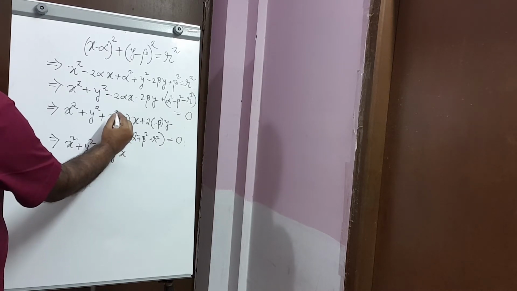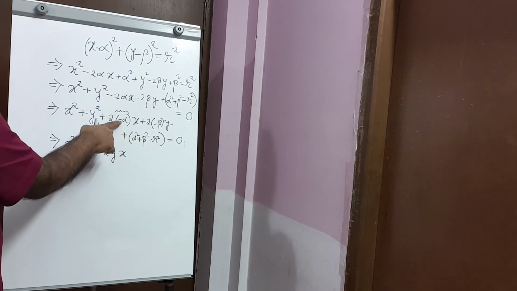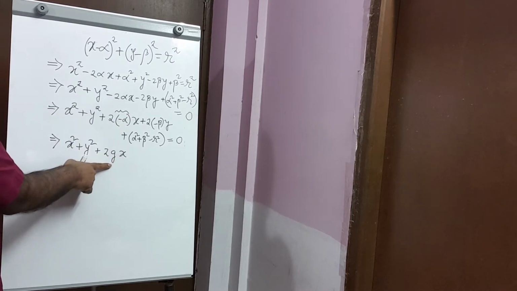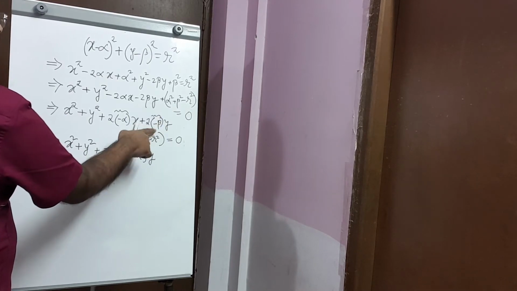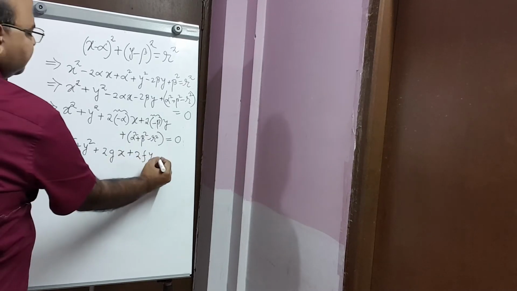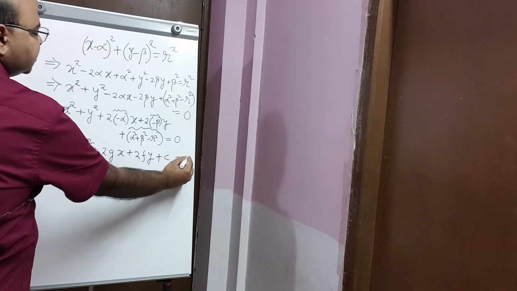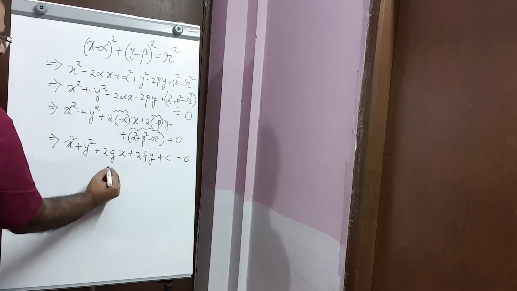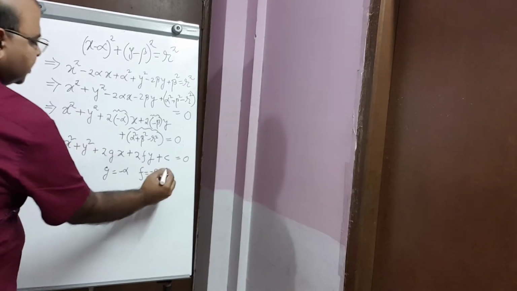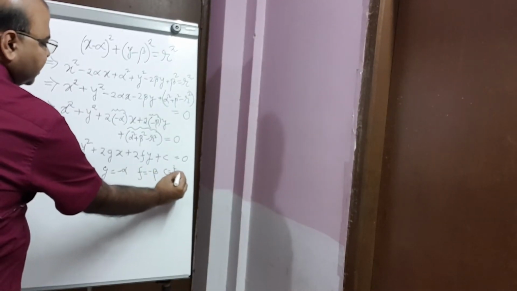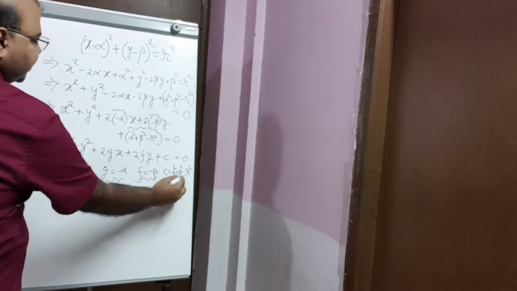Let us rename minus alpha by g, minus beta by f, and the whole constant term by c. So here g stands for minus alpha, f stands for minus beta, and c stands for alpha square plus beta square minus r square. These are the values of g, f and c.